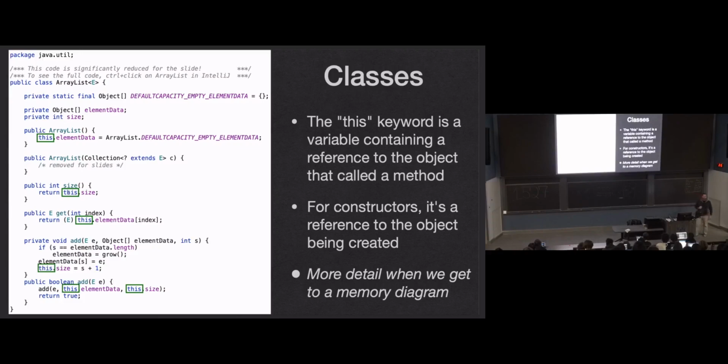Whatever reference is stored in the variable through which you called the method. So this is a reference to that calling object, except in the constructor, technically it still is, but in the constructor it's a reference to the object that's being created. So this, a special keyword, stores a reference to the object that called the method.